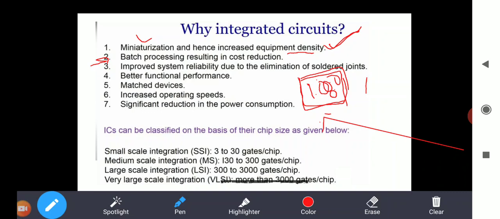Here, batch processing. What is batch processing?